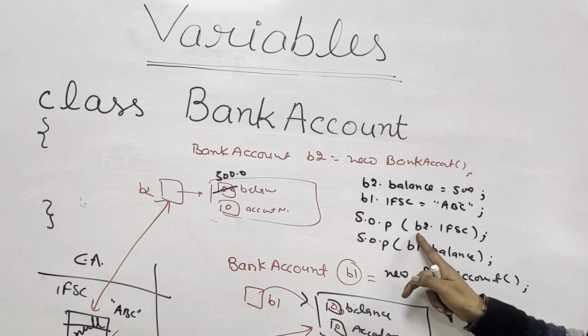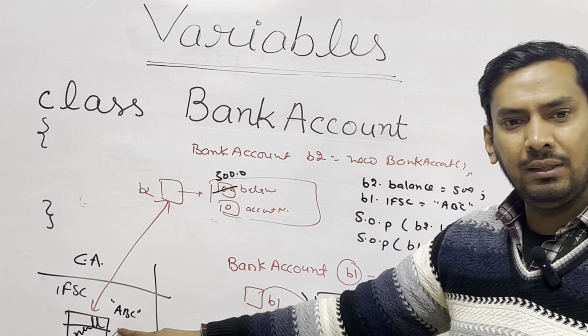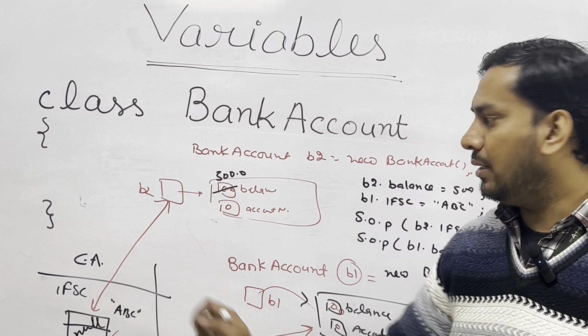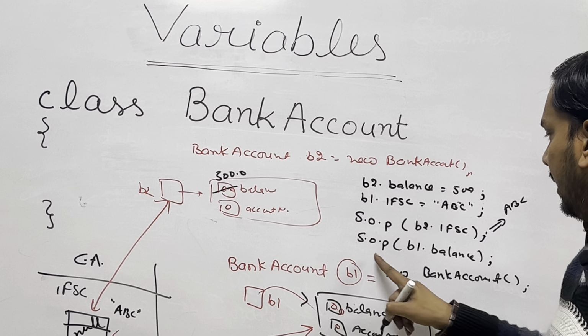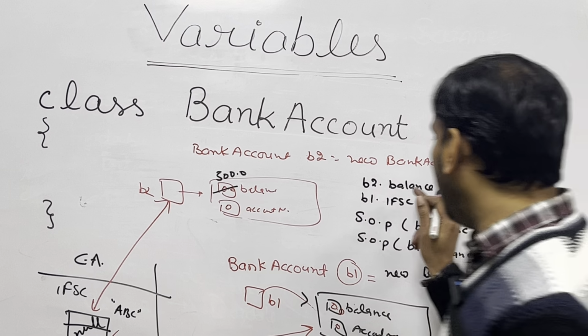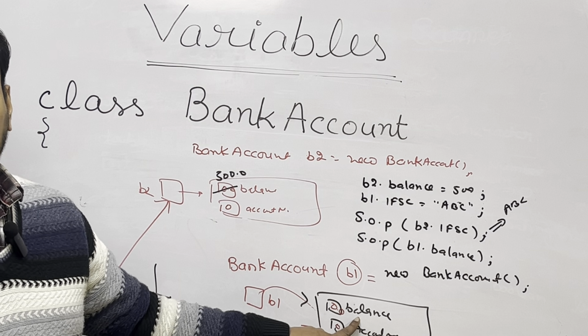Now I am printing B2 dot IFSC. So what B2 will get from here? ABC, because it is a shared variable, right. So here the output will be ABC, but then I am printing B1 dot balance. Although B2 has updated its balance to 500, so do you think that B1 balance is also updated?